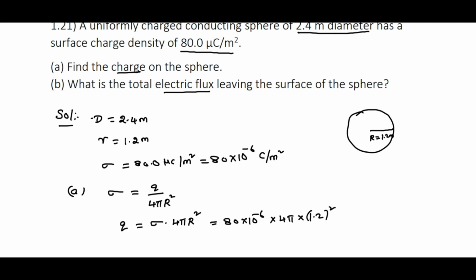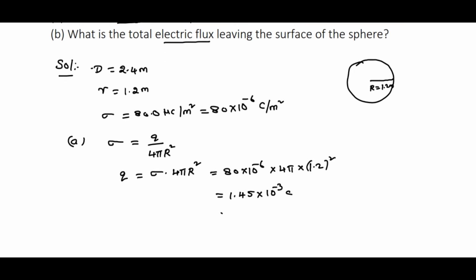So after simplification, we will get 1.45 into 10 power minus 3 coulomb. 10 power minus 3, you can write milli also if you want. We can write it is 1.45 millicoulomb. This is answer for A.